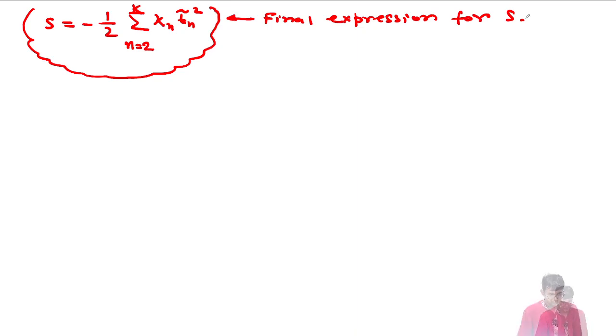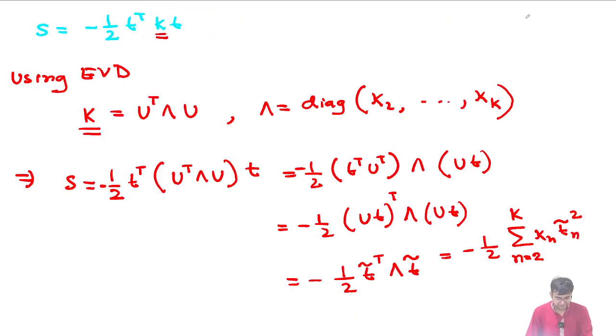Anyways, so we are at a point where we have the expression of S, and it is having information about the principal curvature. Now I never wrote principal curvature, so I should write it at least once. So these are the principal curvatures.